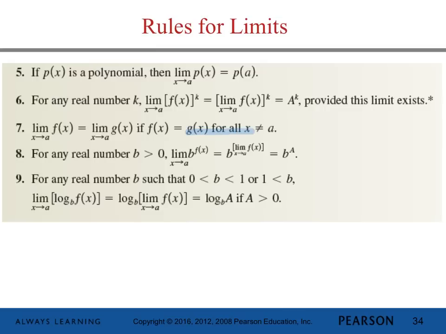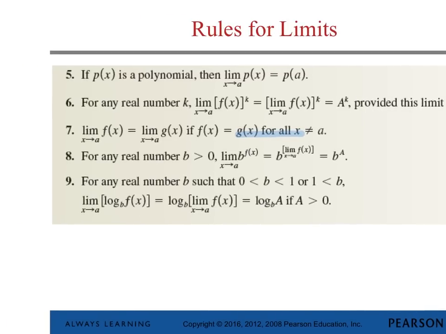And then these are some additional rules for limits. If p of x is a polynomial, and the limit as x approaches a of p of x is equal to p of a, then that's really saying that you can substitute in a. If x is approaching a of some function and it's raised to a power, then take the limit and raise it to that power as long as that limit exists.